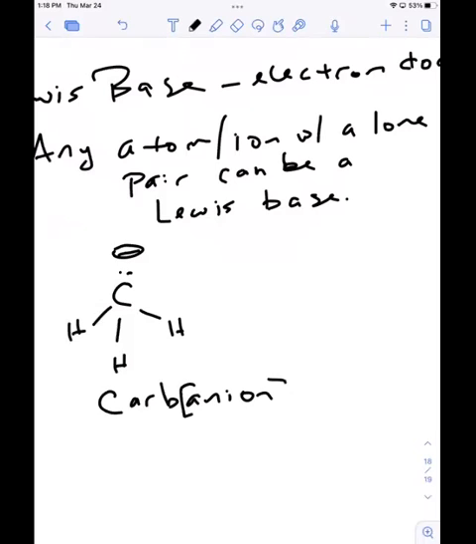The anion is for negative, the carb is for carbon, so it's a carbanion. Or if I had something like ammonia with a lone pair, you see the lone pair of electrons here. Those are Lewis bases.